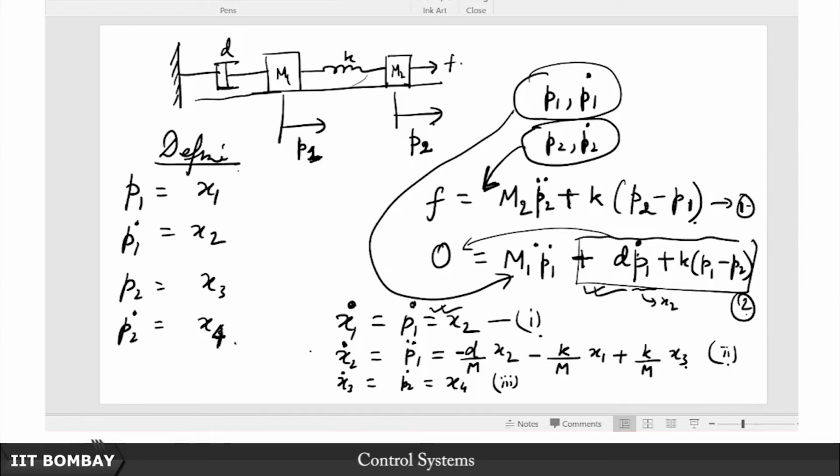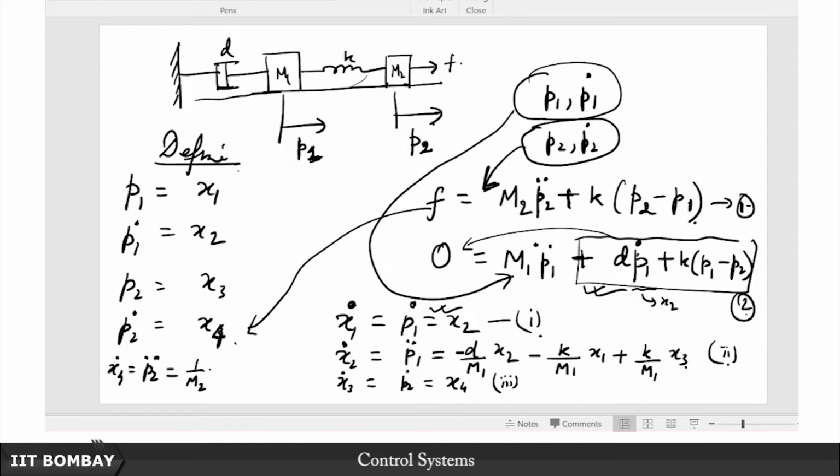So then the final equation, which is x4 dot, which is nothing but p2 double dot. What is p2 double dot? I can use the second equation here. The first thing is 1 by m2, let me write this as m2, I had missed the subscript.